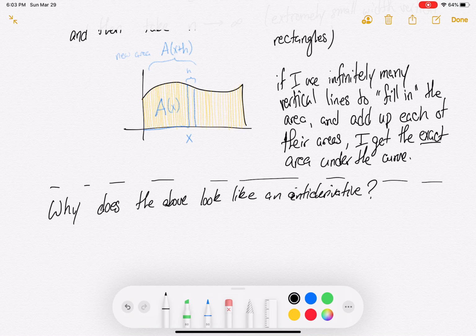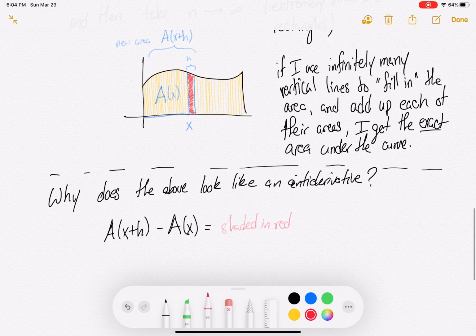If I look at A of X plus H minus A of X, then that is the piece I'm going to shade in red. So that's the piece shaded in red.